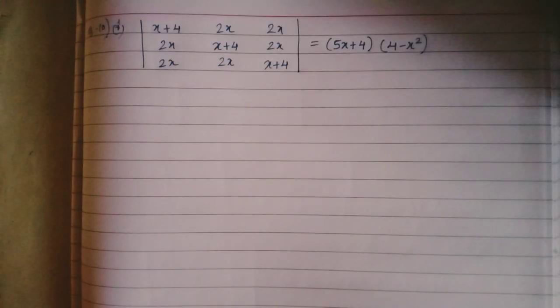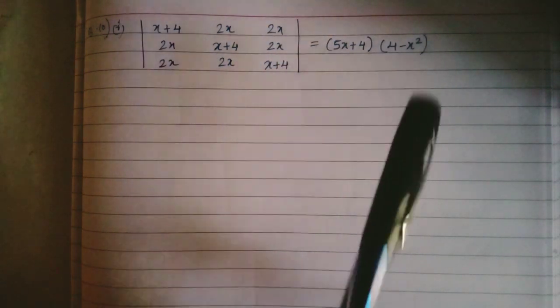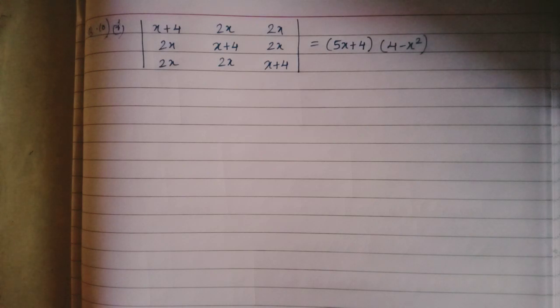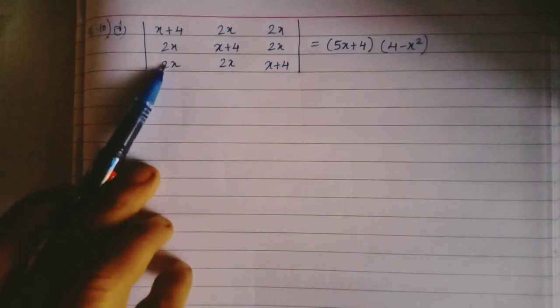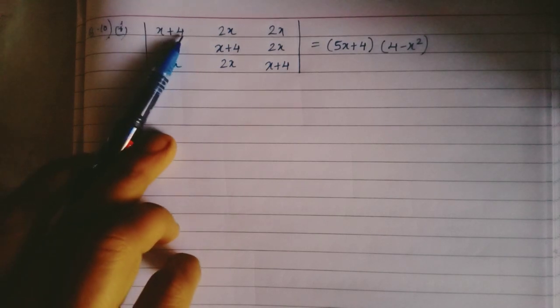Okay, next question is question 10. Okay, first one. So this is the determinant given and we have to prove it to be equal to this. Okay, so if you look at the elements, you will notice that if I add this column elements, you will get 5x plus 4, right?